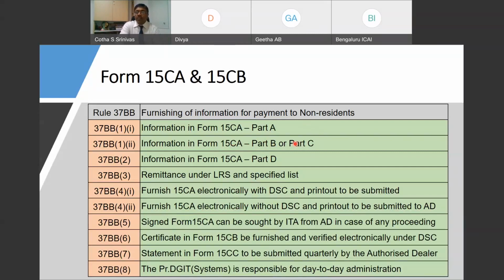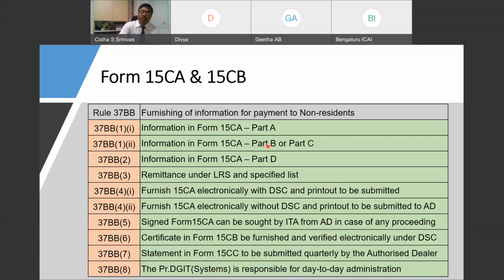So whenever it is Part C, where a certificate is not obtained, a certificate has to be issued by a practicing chartered accountant in Form 15 CB. So there, as I said, as chartered accountants we are certifying the nature of payment and the rate of TDS.